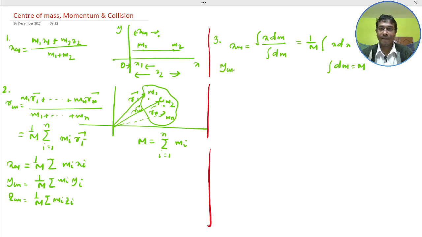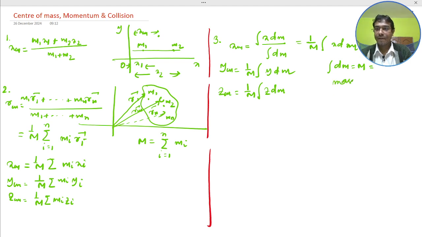For ycm it is also written as 1 by M integration y dm, and for the z coordinate of the center of mass, 1 by M integration z dm, where the integration of dm is M, the mass of the rigid body.